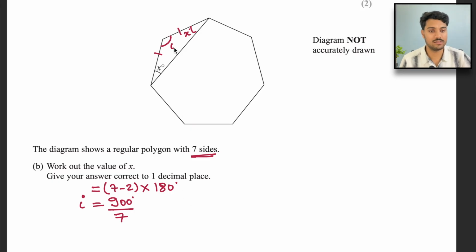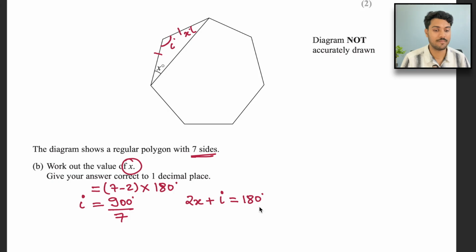Now, if I is 900 degrees divided by 7, we have to work out the value of x. Can we say 2x plus I equals 180 degrees? By the angle sum property of a triangle, all 3 angles add up to 180 degrees.